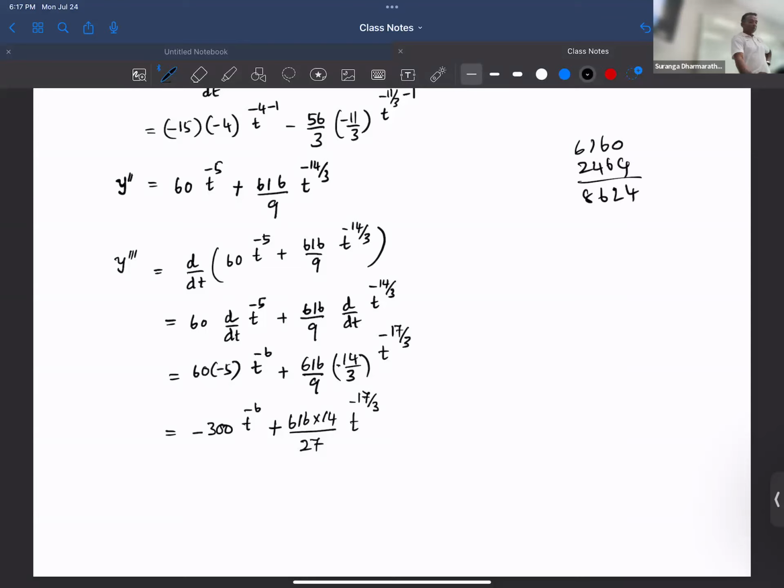You can divide it by 27, but it might not be divisible. Yeah, it's a decimal, so you can leave it like that. It's 8,624.